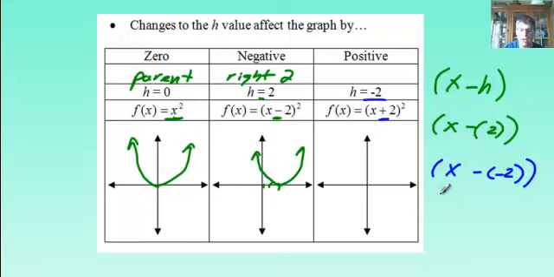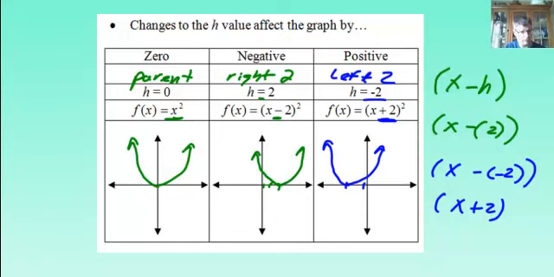Thus that's going to become x plus 2, as we see here. So this is going to be left 2. You'll be given the equation, so you'll have to see the plus sign and say, well, it's originally minus, so in order to change it, it must have been a negative, so I have to go left 2.